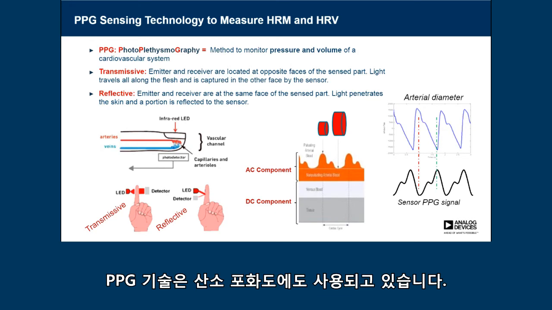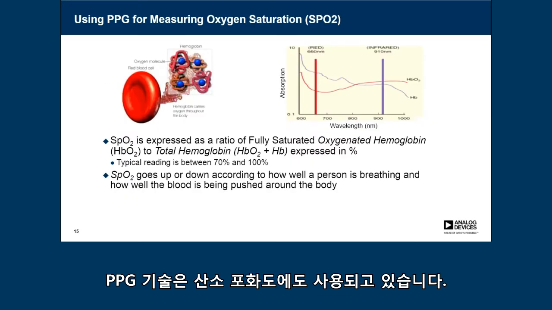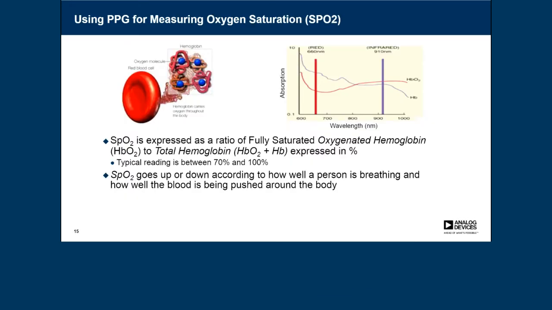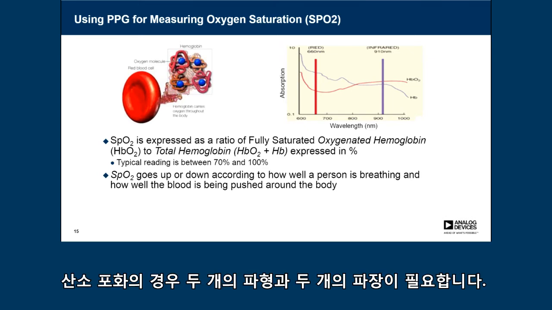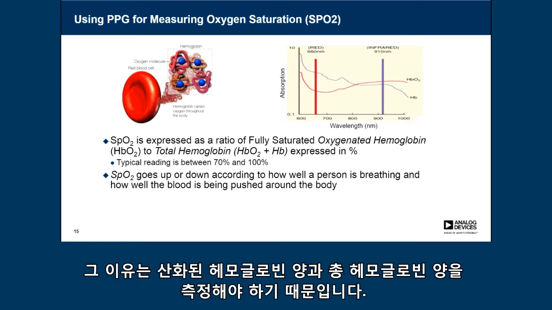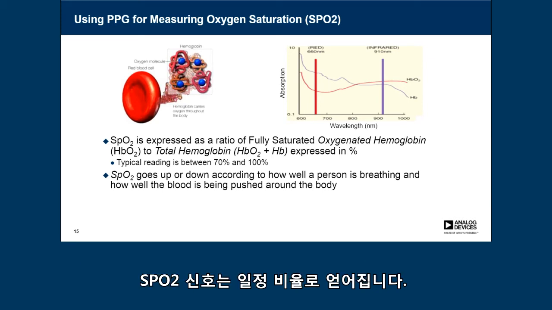PPG technology is also used in oxygen saturation. For oxygen saturation, you actually need two waveforms and two wavelengths. The reason is that you measure the amount of oxygenated hemoglobin versus the total amount of hemoglobin, so the SpO2 signal that you get back is a certain percentage.